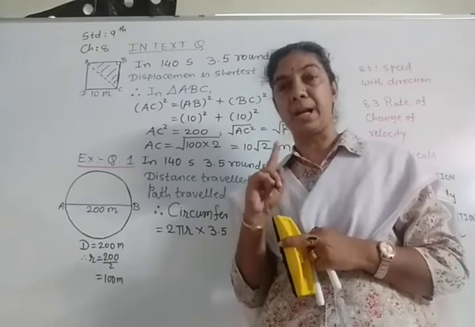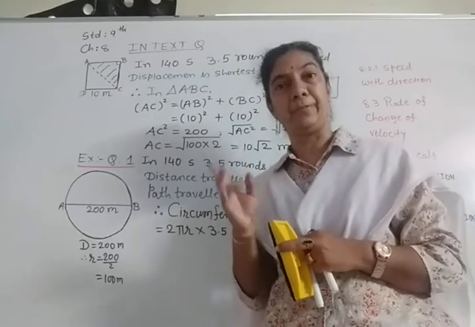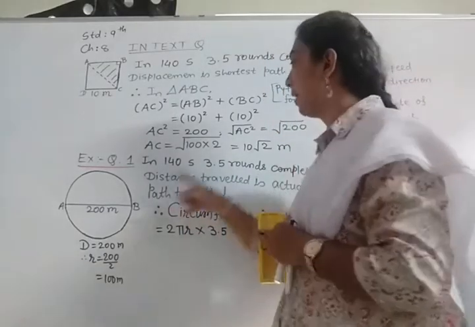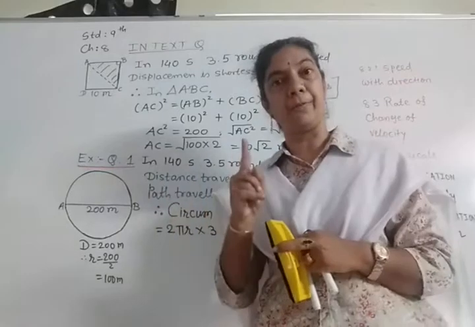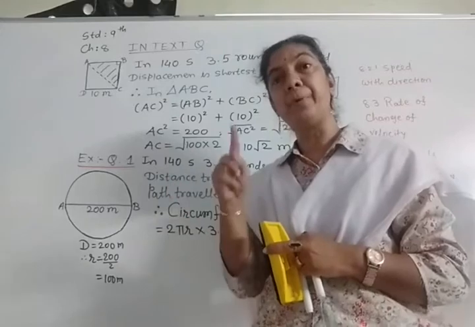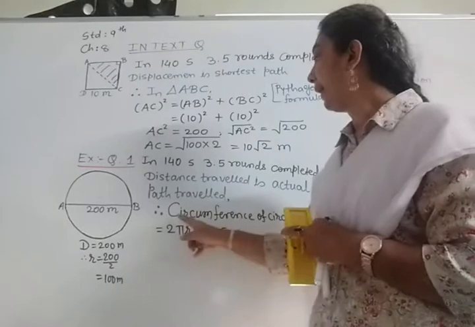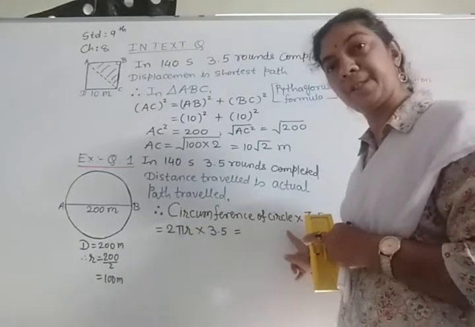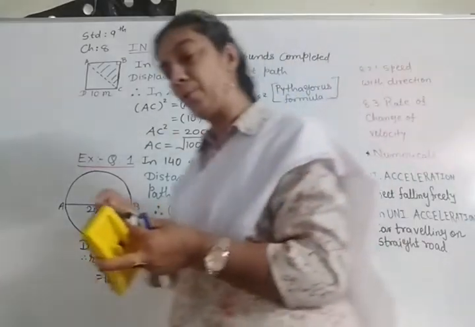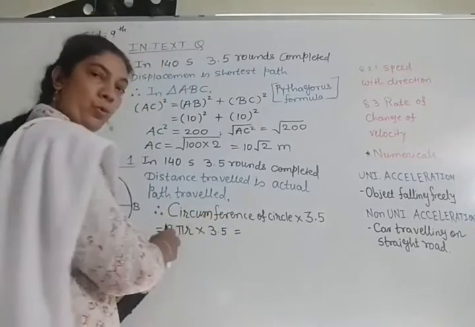So distance travelled in 140 seconds will be 3.5 rounds, and 1 round is the circumference of the circle. So we can write that distance travelled is equal to circumference of circle multiplied with 3.5, and we know the formula of circumference of the circle as 2 pi r.